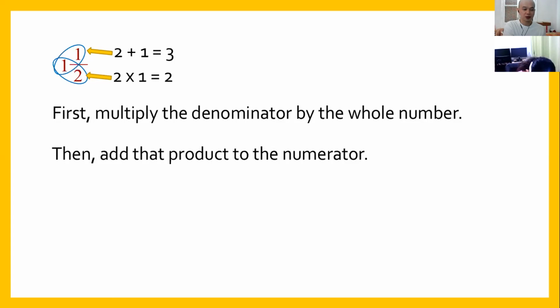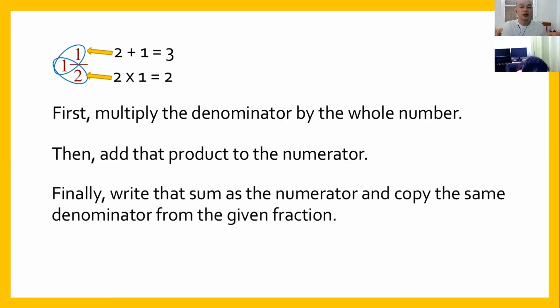Okay? Crystal? Again, the first step is to multiply the denominator by the whole number. And then next, add the product to the numerator. And then you use the sum as the numerator of your final improper fraction, and you copy the same denominator.